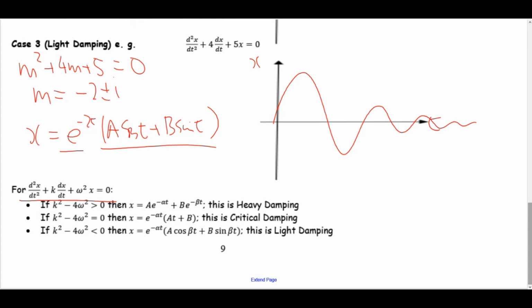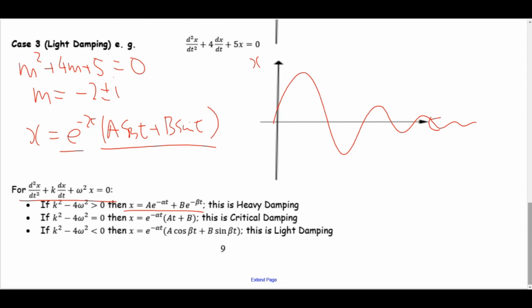And the discriminant, b squared minus 4ac, is just k squared minus 4 omega squared. So one of three things can happen. If the discriminant is positive, you will have real distinct roots, which actually will both turn out to be negative always. You'll get a general solution of the form x is a e to the minus alpha t plus b e to the minus beta t. This is known as heavy damping.